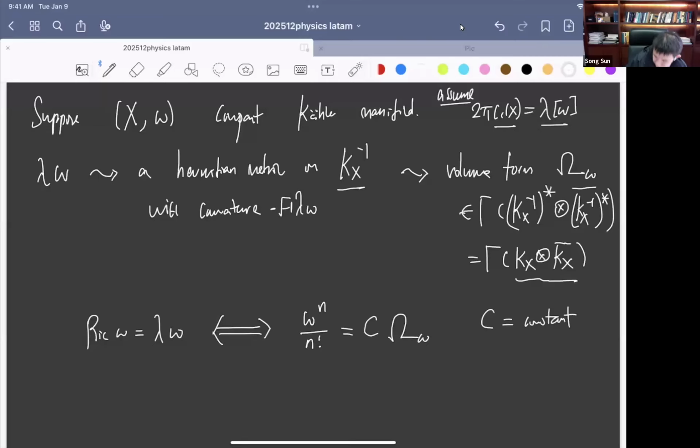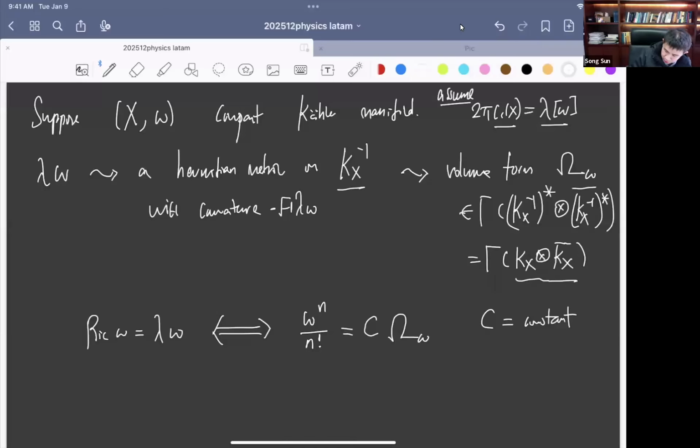Okay, so it's really both sides depend on omega. So this is the equation.